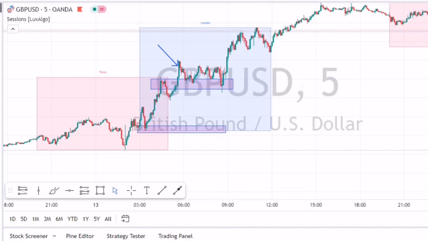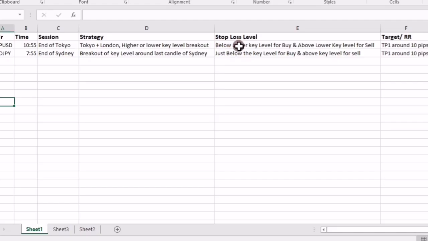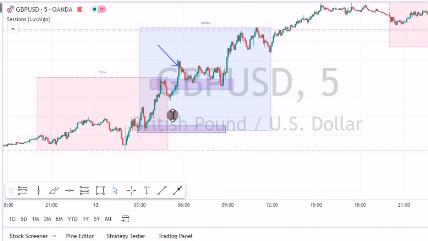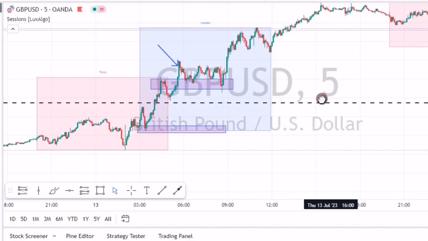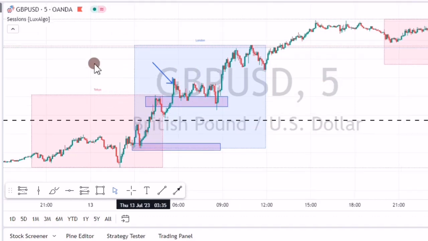And then I go back to my script: stop loss below upper key level for buy. It was a buy, so I will put it below the upper key level. This is the upper key level, which means my stop loss is going to be below that. Considering this, I can put it right there, and then I place a buy trade.